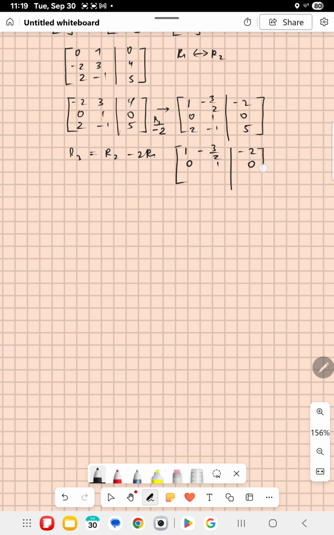Sorry guys, moved it a little bit up. If I multiply it by 2, I'm going to get 0 here. And what I have, -3 over 2 by 2 is going to produce -3. Minus and minus are going to give me plus. So I have -1 plus 3, which is actually 2.